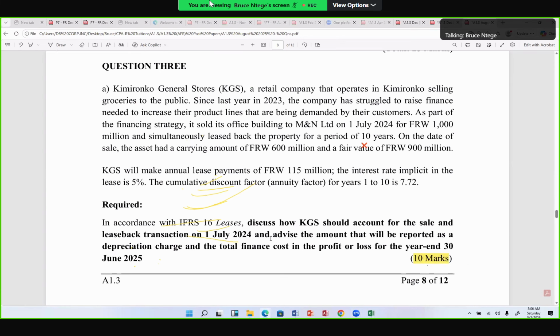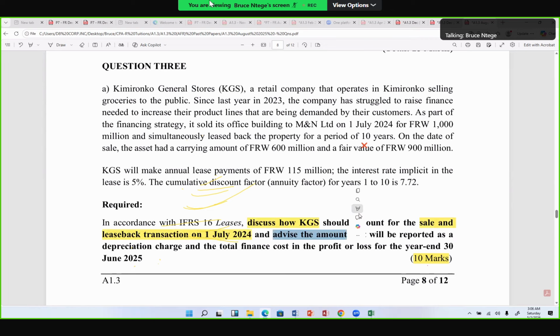Now it says, in accordance with IFRS 16, discuss how KGS should account for the sale and leaseback on the date of the sale and leaseback. And advise the amount. So here you need figures.